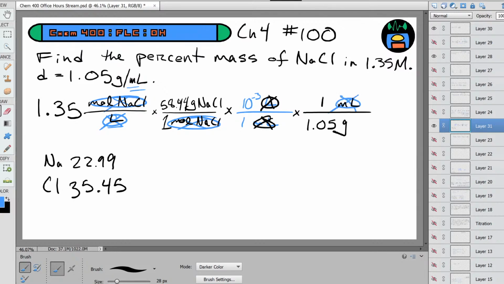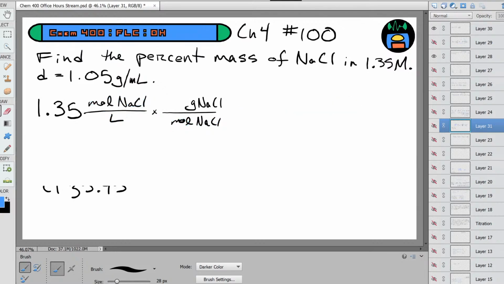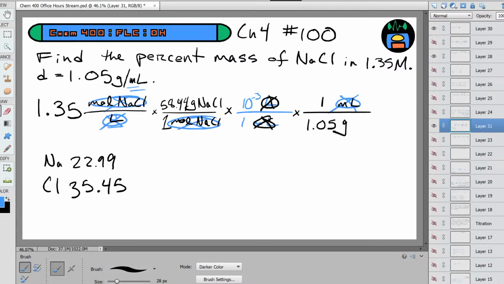And we are off to the races. Ready to crunch our numbers. So we have 1.35 times 58.44 times 10 to the negative third divided by 1.05.